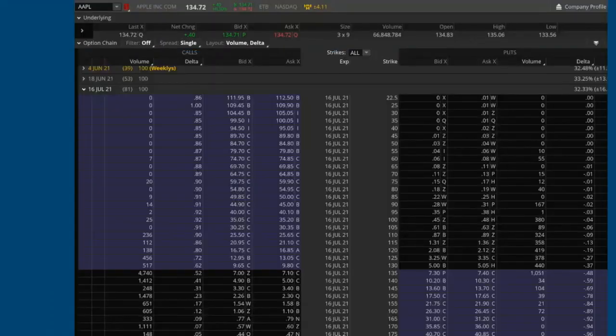You may also remember from our option chain discussion that the option chain has both calls and puts, and you see that here and here. This happens to be the Thinkorswim platform by TD Ameritrade. They're all laid out differently, but they're all going to have calls and puts.